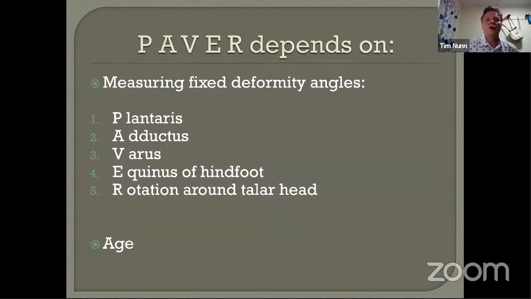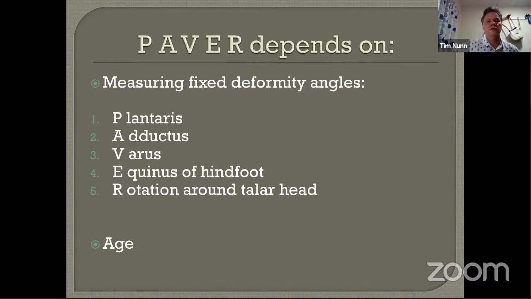Our scoring system has the acronym PAVA, and it depends upon measuring fixed deformities of these angles below. P is for plantaris, A for adductus, V for varus, E for equinus, which is equinus at the hind foot, and rotation around the talar head.